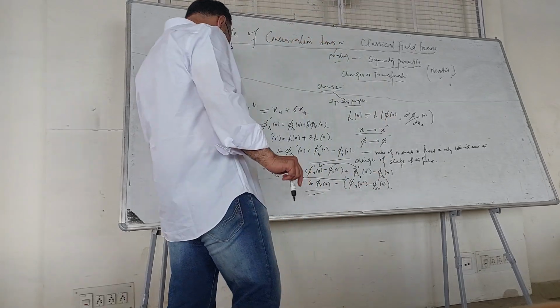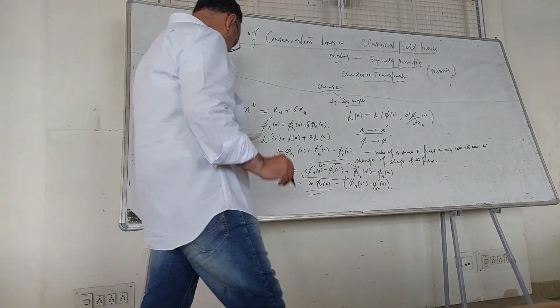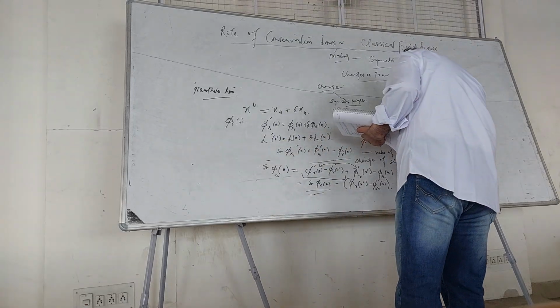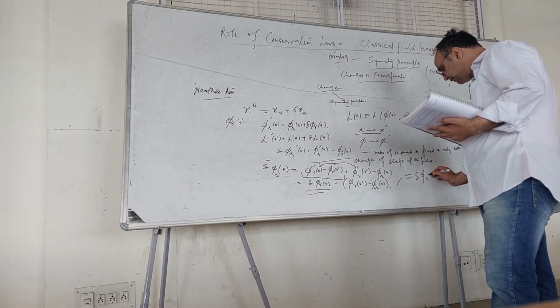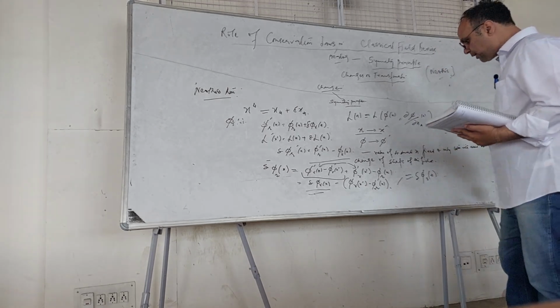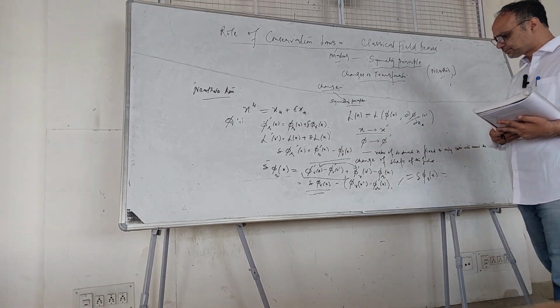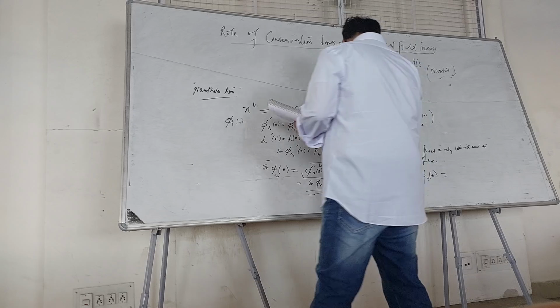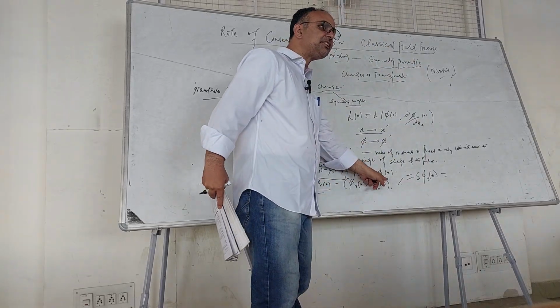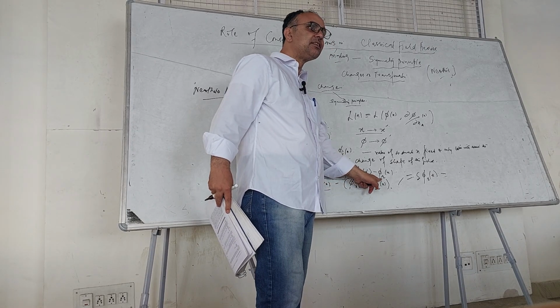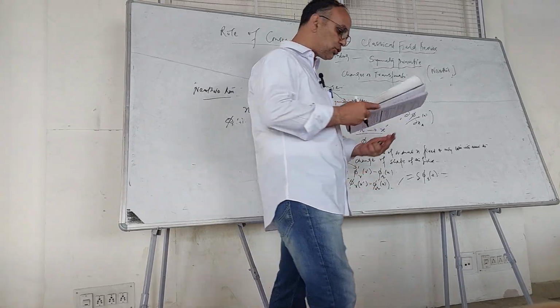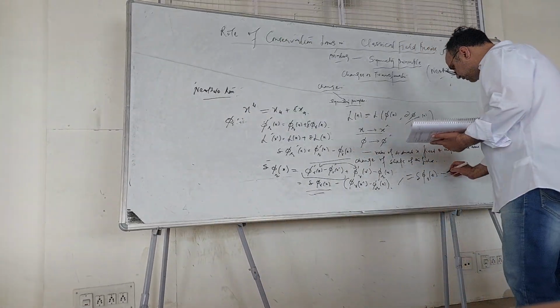Fine. Further, what we can do is write it like this: delta phi r x minus. You can say it's an infinitesimal change of the function phi r x minus, so you can write it as a sort of derivative.